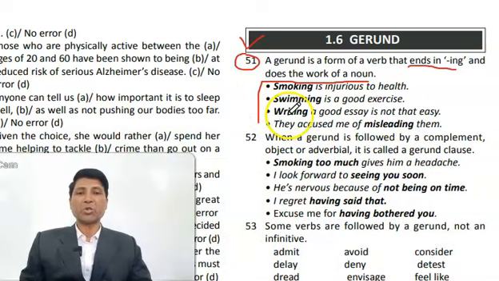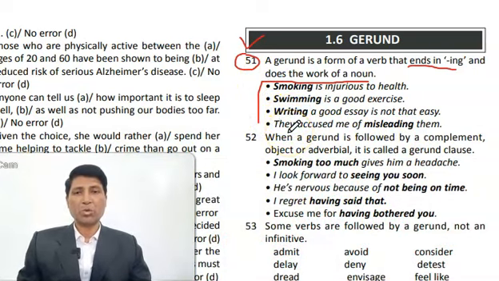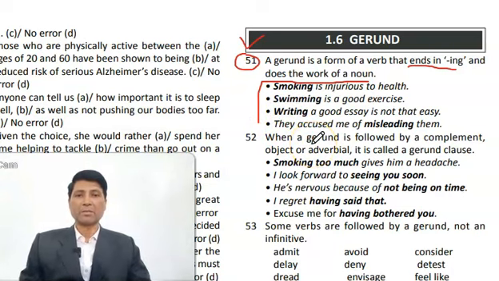Smoking is injurious to health. Swimming is a good exercise. Writing a good essay is not that easy. And they accused me of misleading them. So in each of these examples, the word smoking has come from the verb smoke.